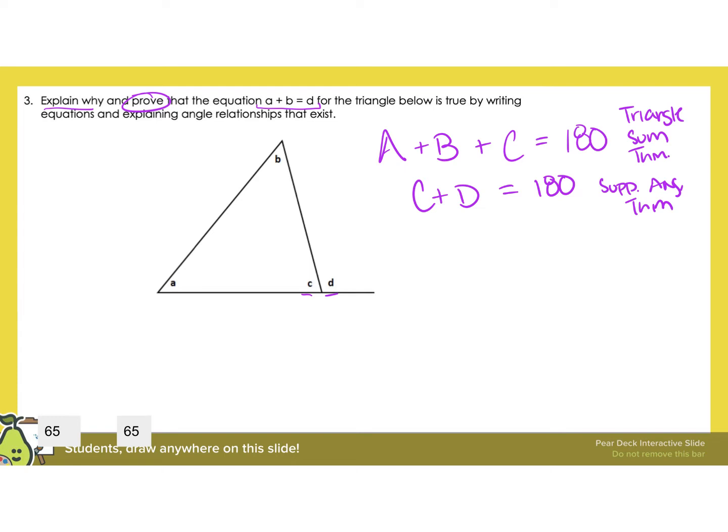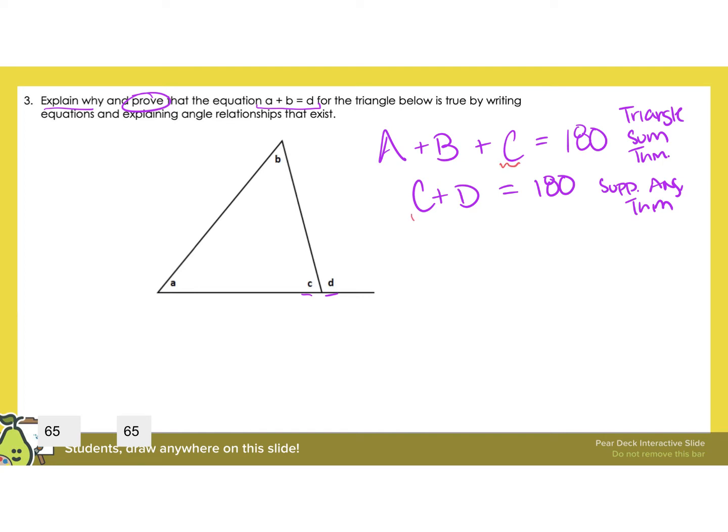Nothing new here, but I'm trying to prove that A plus B equals D. So look at what we have, okay? Just like in the last lesson where we were replacing equivalent or congruent angles, we're going to do the same thing here, okay?